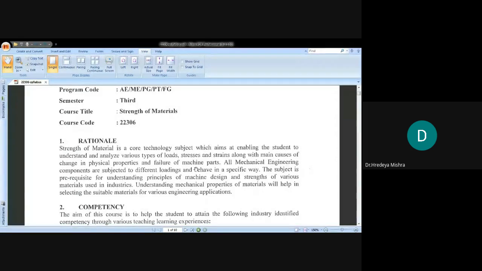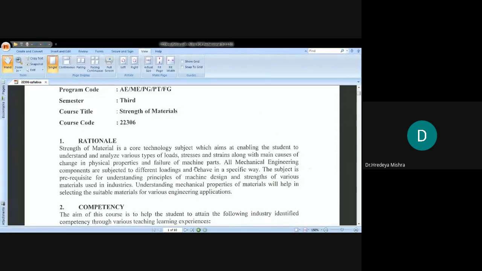So the most important things in this subject are load, stresses and strain. The whole subject revolves around these three terms. Stresses and strain are produced when a component or material is subjected to a load.